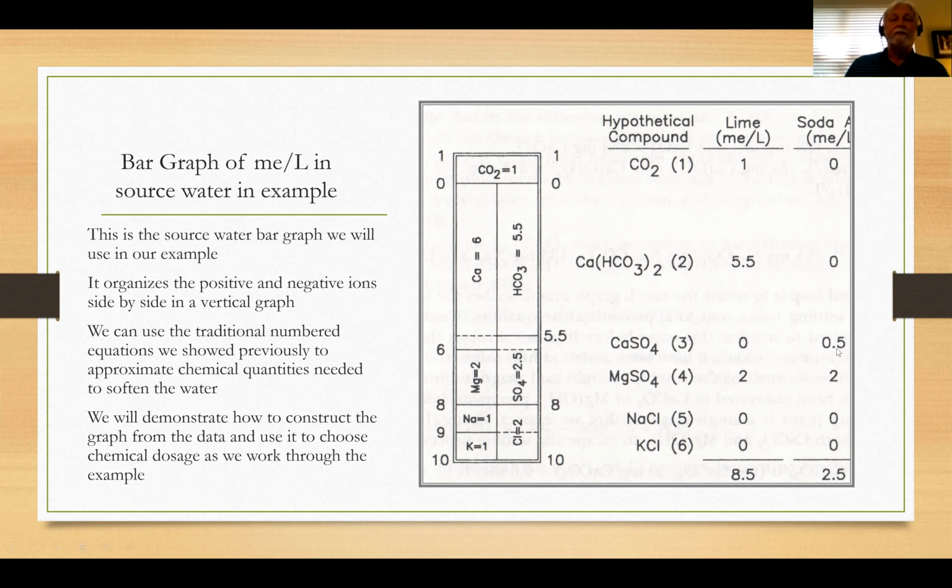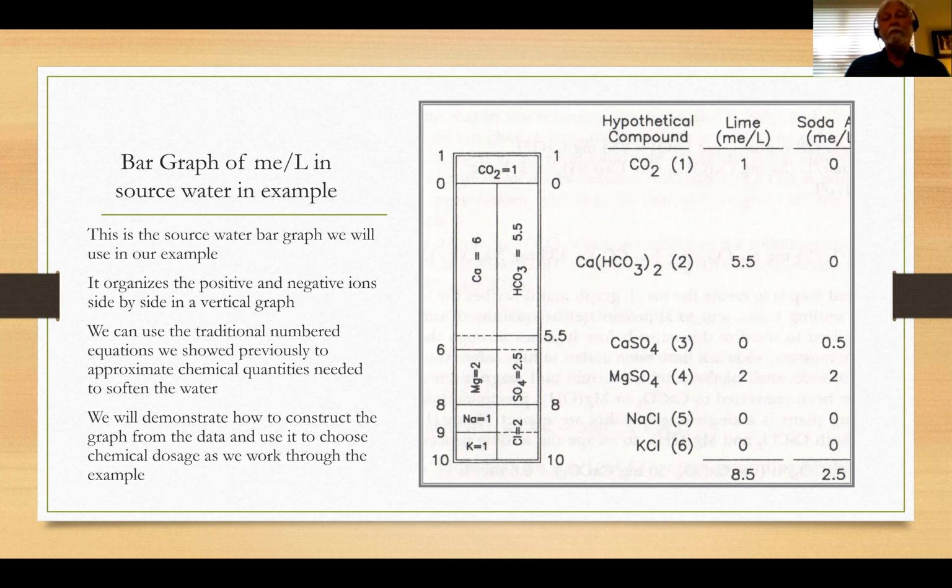Now we go down a little farther. We've got a dotted line across at 6 that says to me that we've got 2 milliequivalents per liter of magnesium sulfate, right? And that requires 2 milliequivalents per liter of lime.